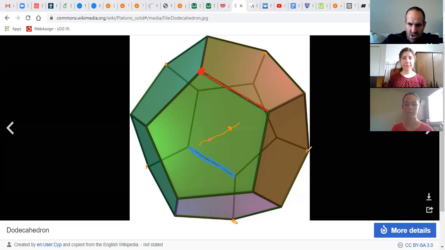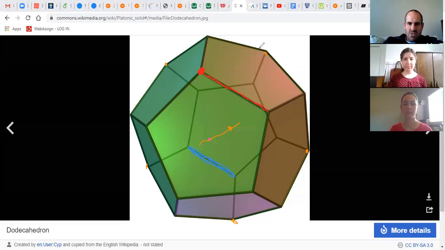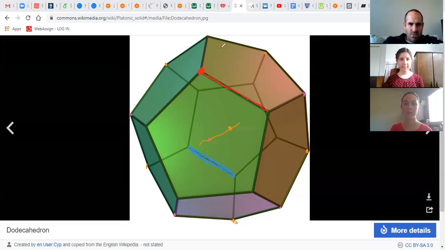I think those are all the troughed vertices, right? 1, 2, 3, 4, 5. They form a little 5 cycle. And then the peaked ones, which I'll draw in pink, like this. Those are going to rotate into each other. How do I move this? There we go.